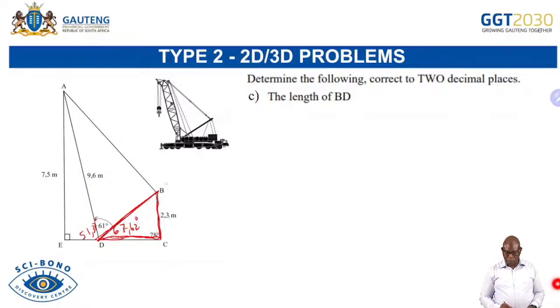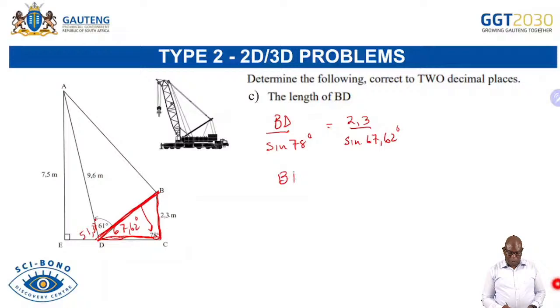I can use the sine rule. So I can say BD over sine of 78, because BD is opposite 78. Then I can use the one that I got here, so 2.3 divided by sine of 67.62. So the sine rule can work now to get BD.